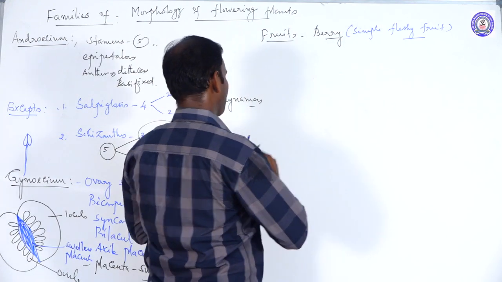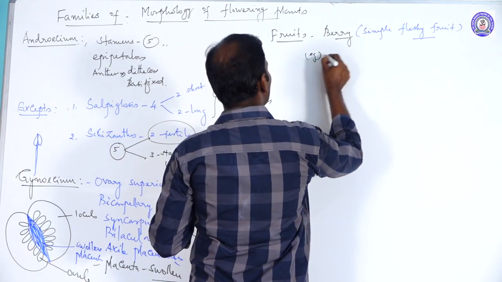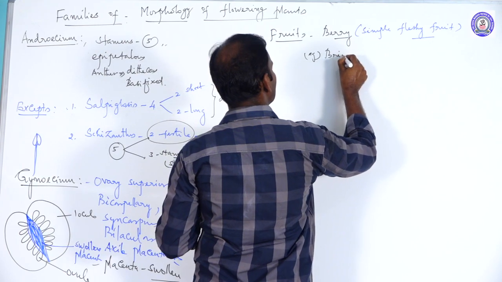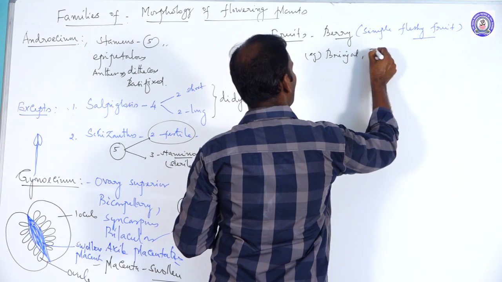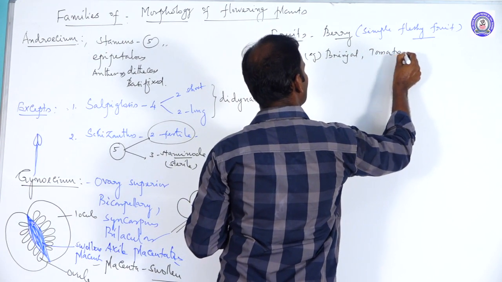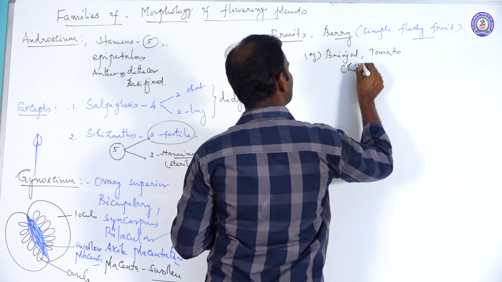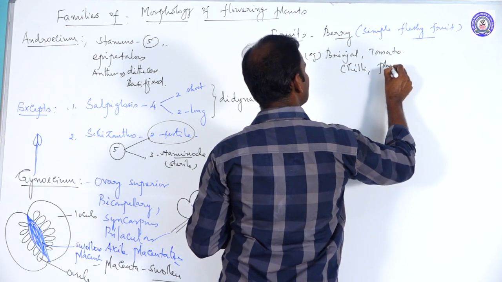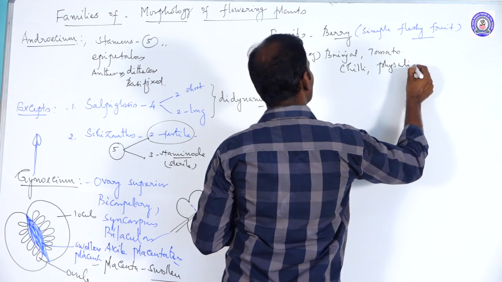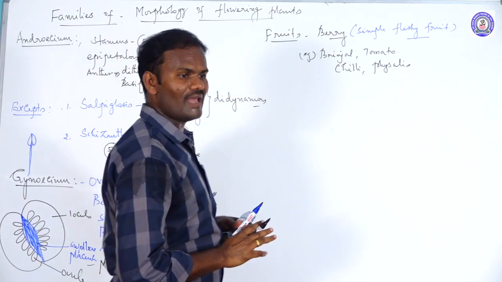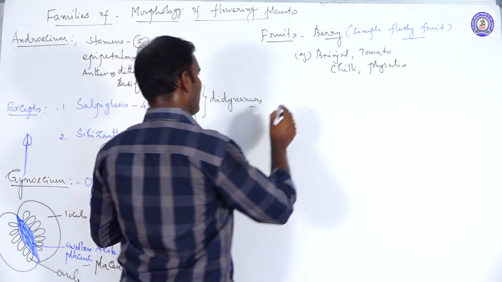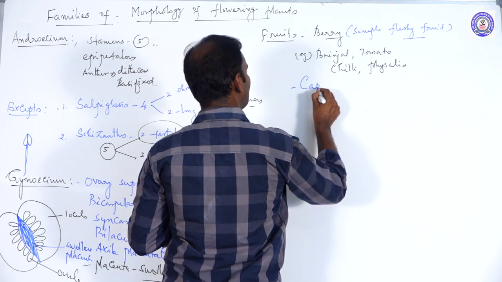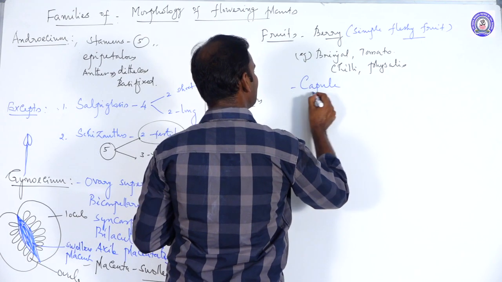For example, brinjal, tomato, chili, physalis. These are the examples of berry fruit in Solanaceae. But some other species have capsules, capsular fruit.